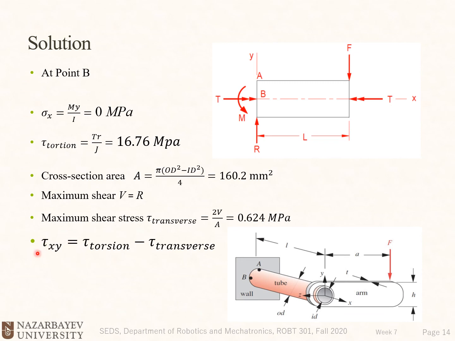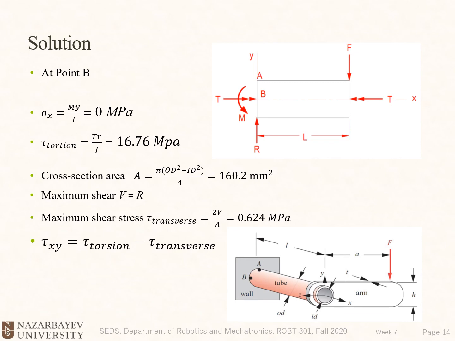Now we have applied the stresses at point A and B. And what we need to do is use a Mohr circle to find principal normal stresses and shear stresses for both point A and B. I'm going to leave that part to you. It's very similar to the previous example.